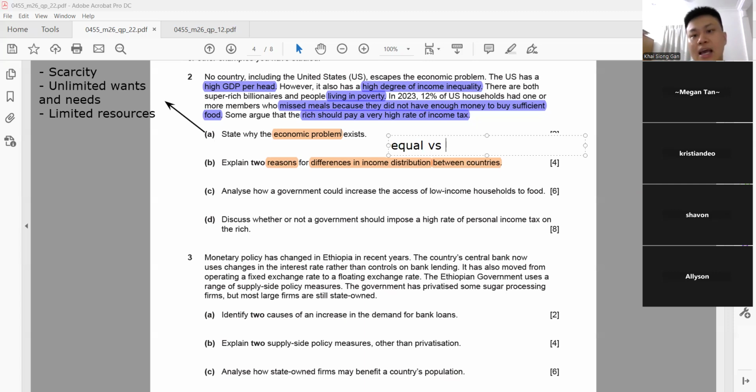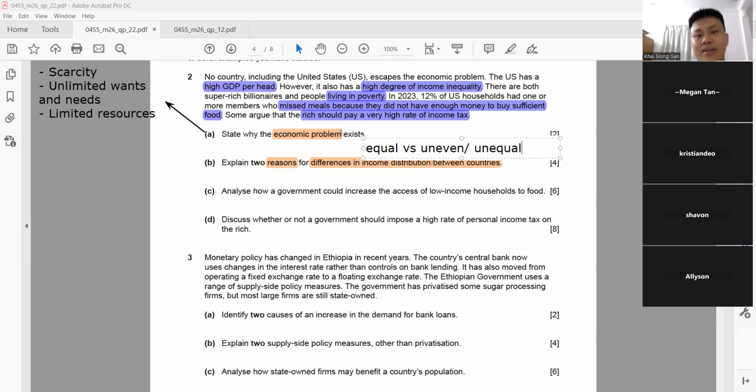If I say uneven or unequal income distribution, what do I mean? Uneven or unequal means income inequality. That means some people get a lot of income, some people get very little income. So that's why I call it income distribution here, either equal or uneven or unequal.